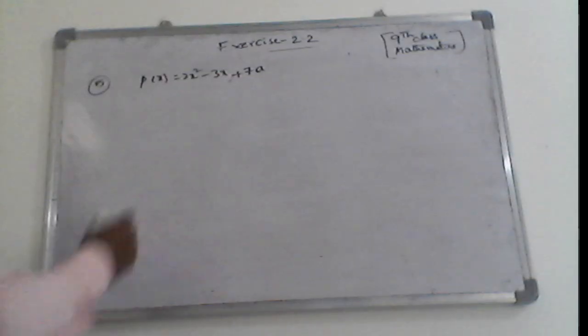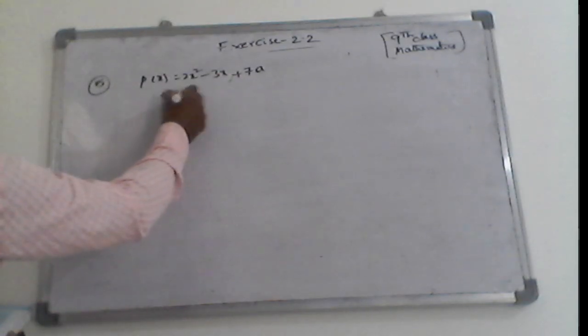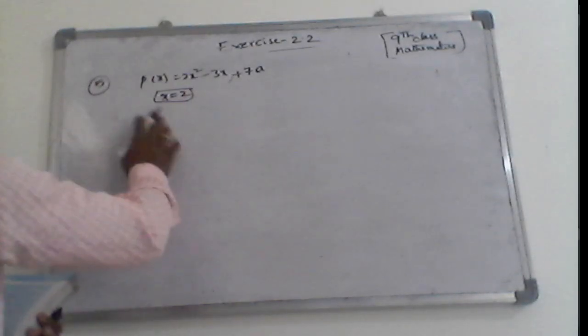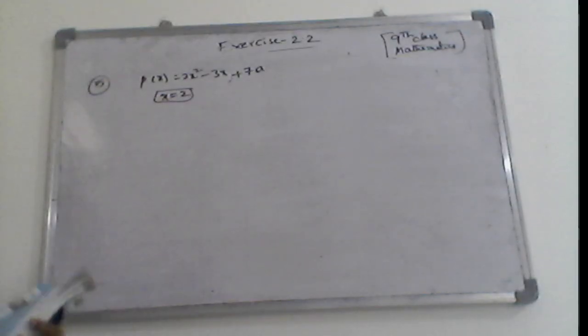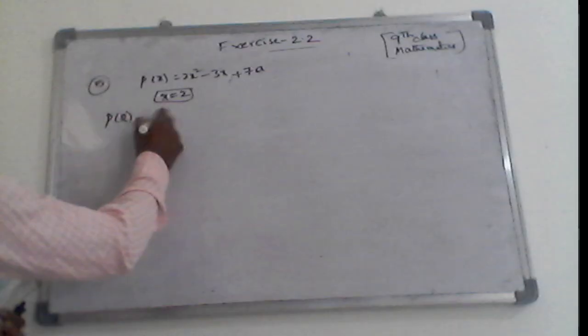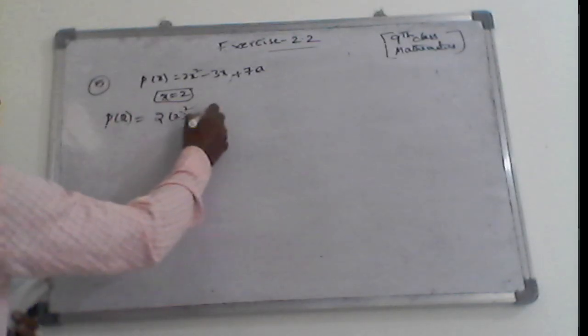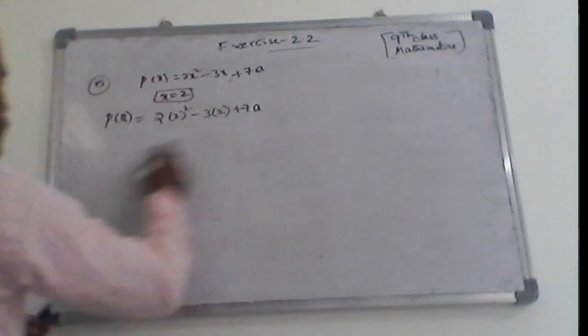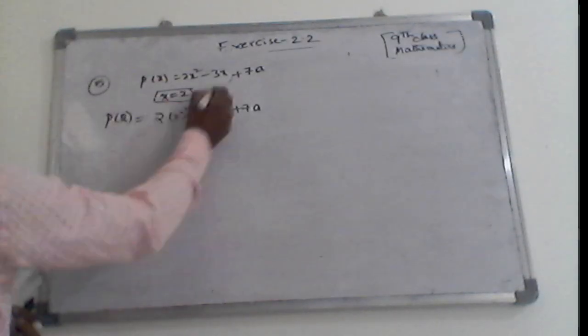If 2 is a zero of the polynomial, then x equal to 2. Substitute this value. P of 2 equal to 2 into 2 square minus 3 into 2 plus 7 into a.